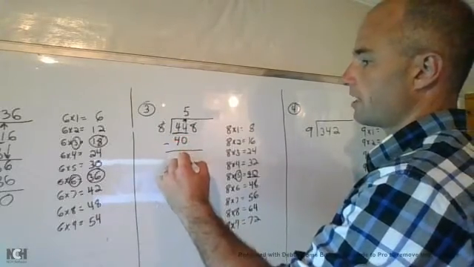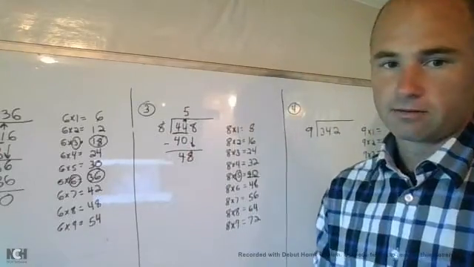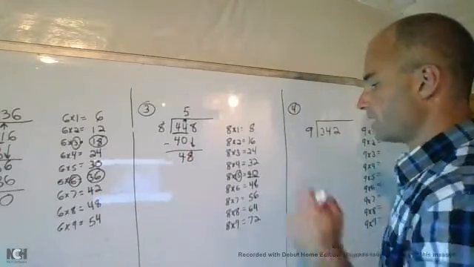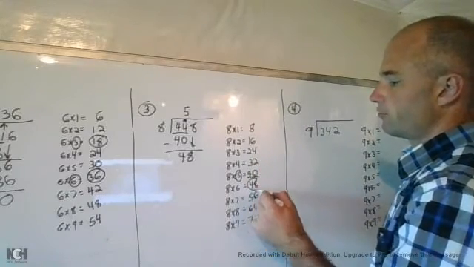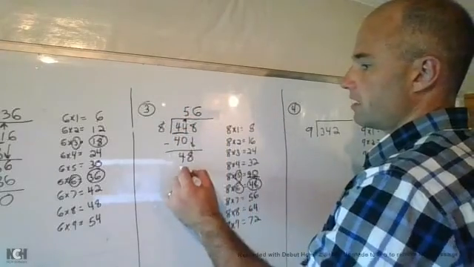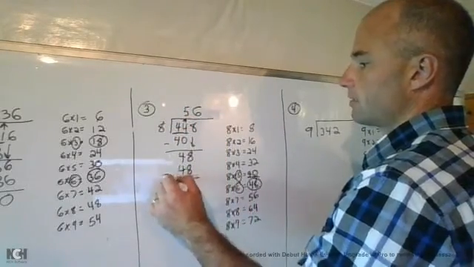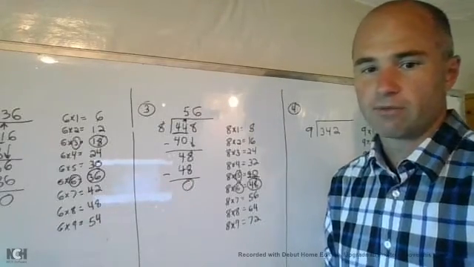I subtract to get 4. I bring down the 8. Now I have 48. Take a look here at my 8 times tables. Oh, there's 48. It goes in 6 times. 6 times 8 equals 48. I subtract. I have nothing left over. 56 being my solution.